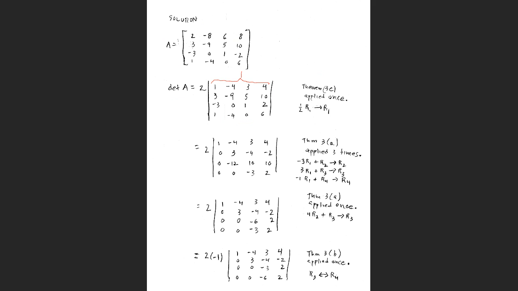So this is going to be the determinant of B. So is the determinant of A times 1/2 equal to the determinant of B by rule C of theorem 3.